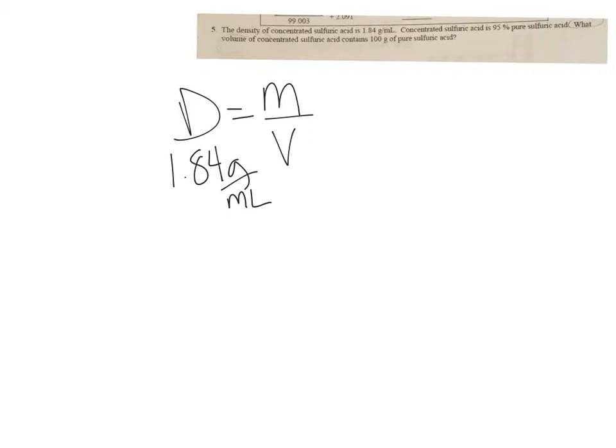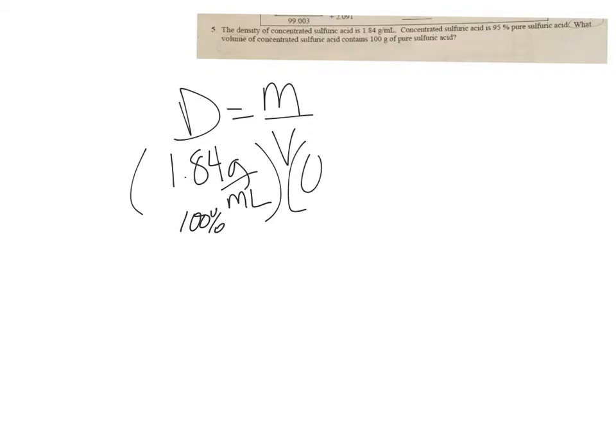So there's two ways to do this. I'm going to show you the dimensional analysis way. You can also do it in a proportion. Okay. Dimensional analysis way says I need to know what 95% of my original thing is, because what we're saying is this is if it was 100%. Okay, so what is only 95% of that?